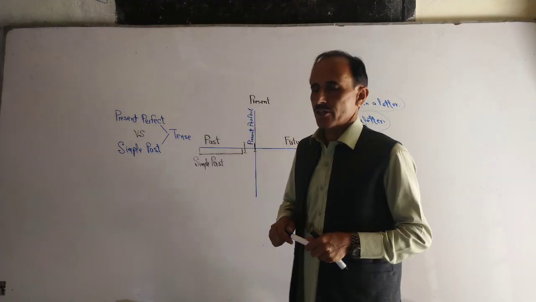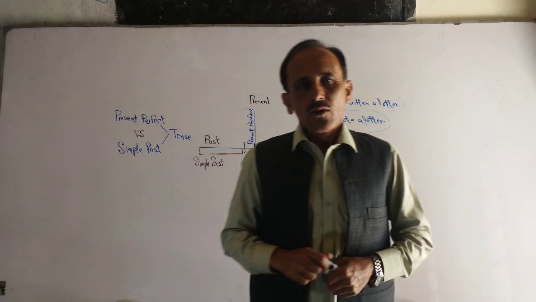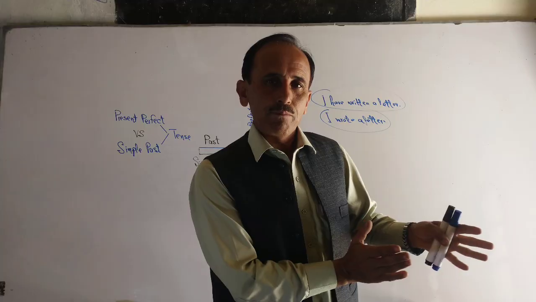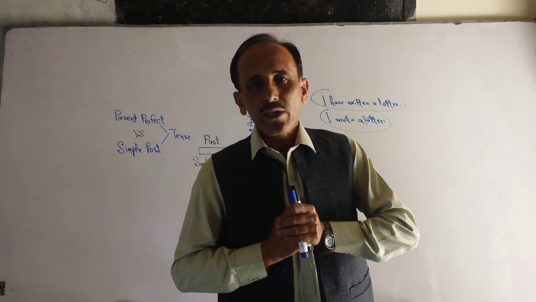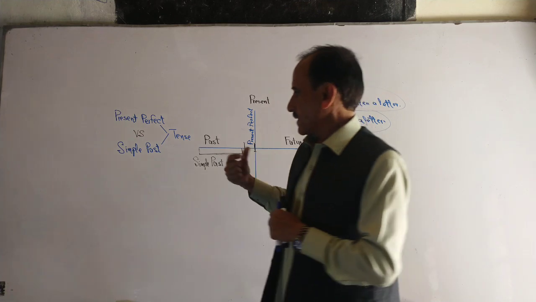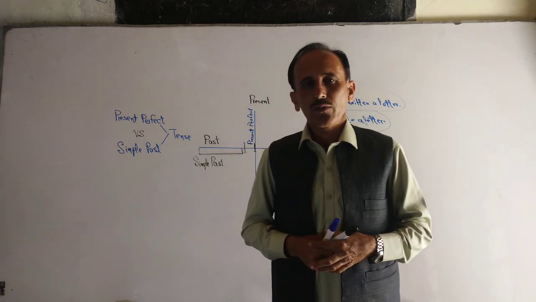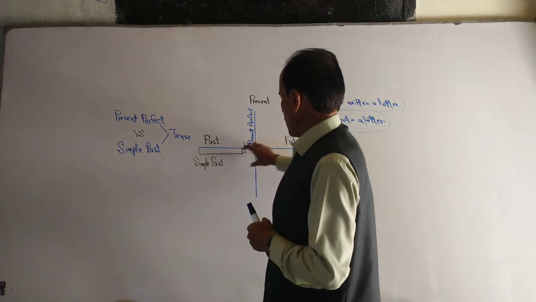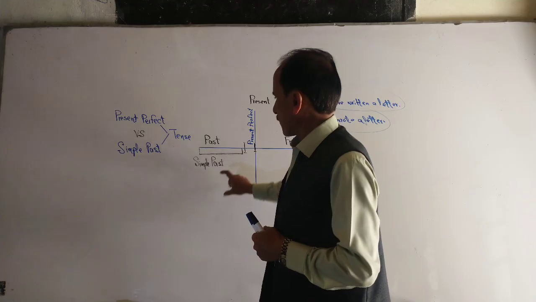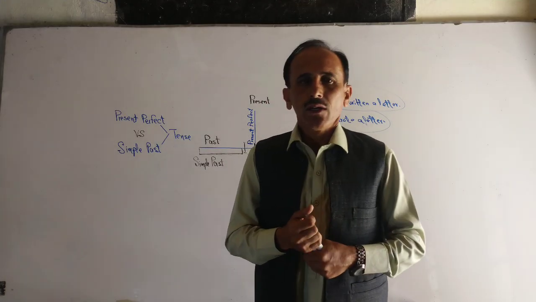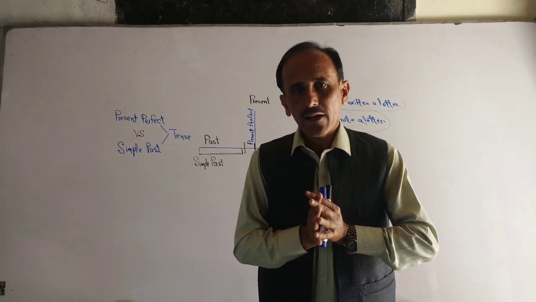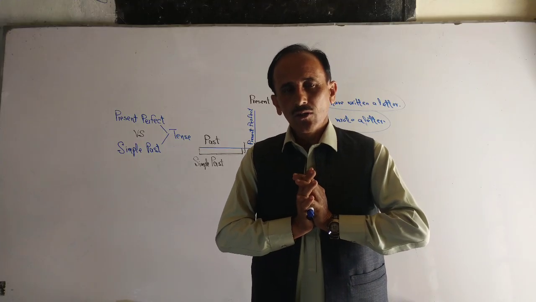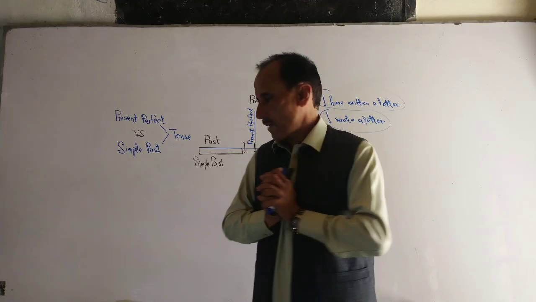For example, an action that took place in the nearest time, we can use present perfect tense for this situation. And simple past means that an action happened a long time ago.